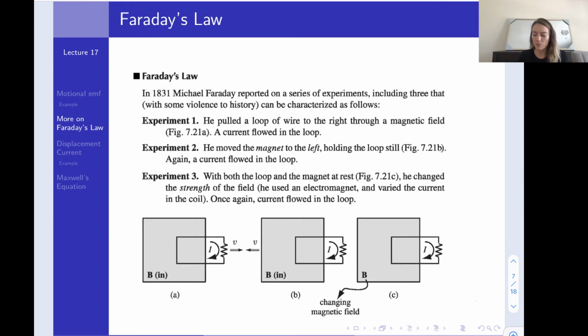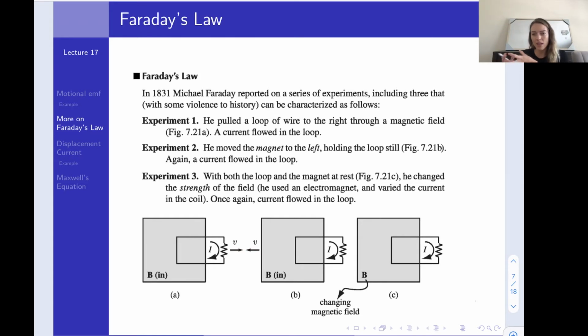These three experiments are really the basis for relativity, because we might not think it's that interesting, but relativity hadn't been developed yet. So having this ultimate frame of reference was still very much in physicists' minds. To us, it might be like, okay, well, just the relative motion of the magnet and the wire is what matters.